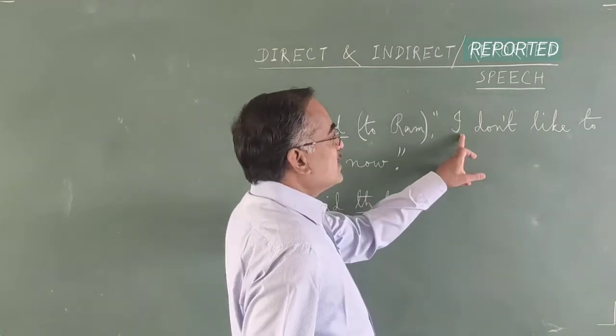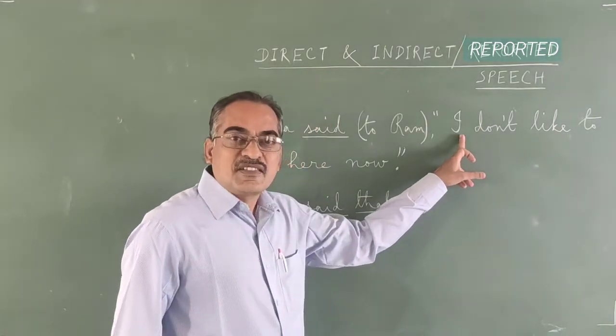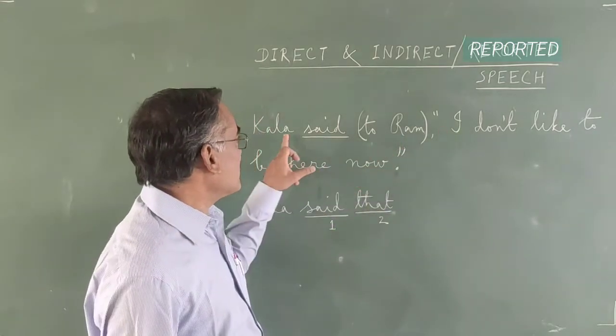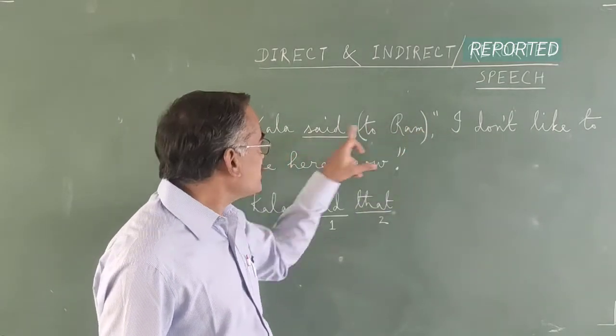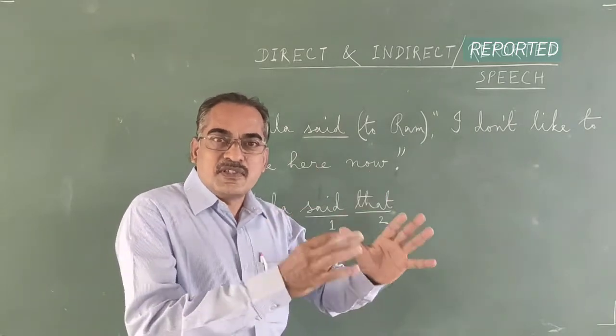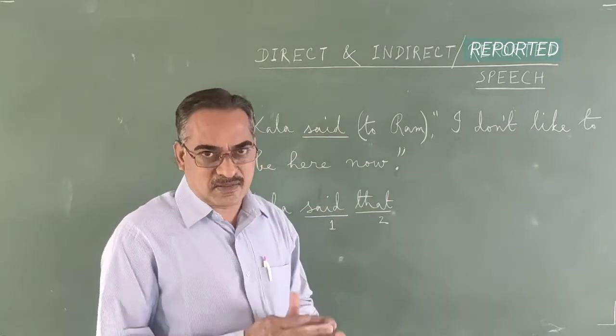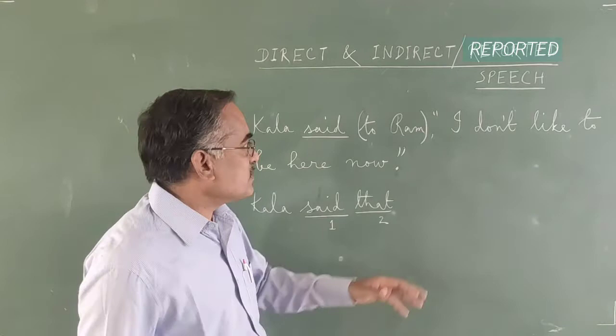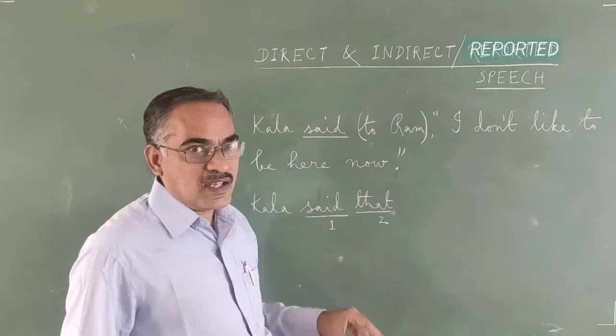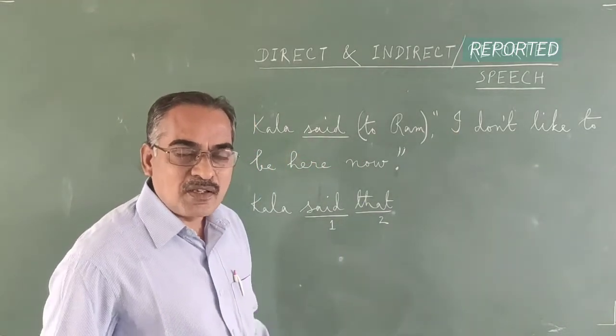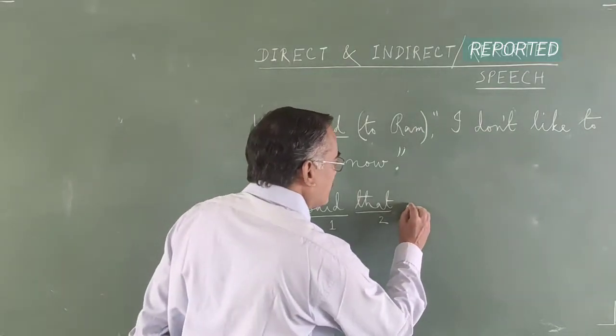After that, the word I. This is said by the speaker Kala, so this refers to her. I told you the words referring to the speaker and the listener will undergo change. So, since this refers to Kala, when we speak about Kala, we should say she.